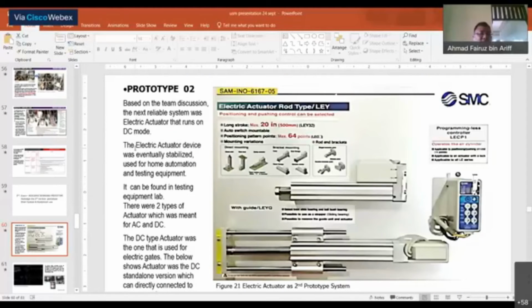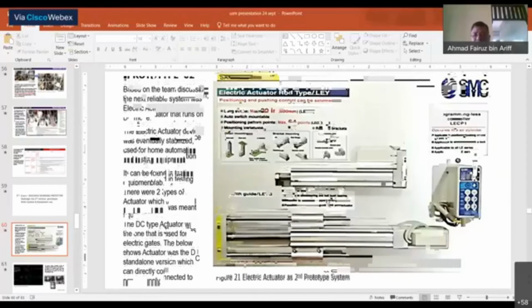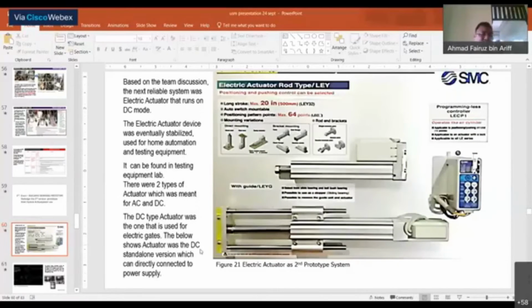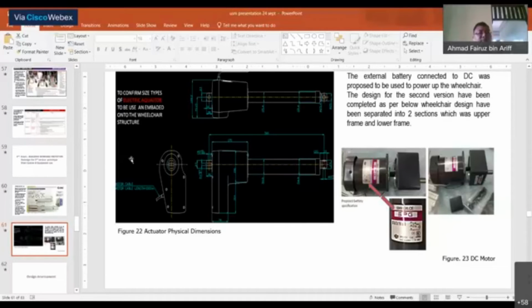The electric actuator device is well established, used in home automation and testing equipment. It can be found in testing equipment labs. There were two types of actuator, for AC and DC, that can be used for the wheelchair. If you can see, this is the actuator, and then we are proposing an external battery as a backup.